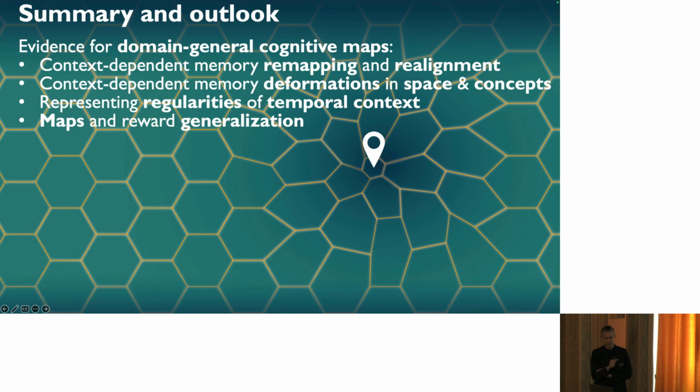I showed you an example of deformations of spatial representation; the conceptual ones I skipped in this talk. I showed you how the system encodes the regularity and structural information of the temporal context, and the last study demonstrates some evidence for the relationship between cognitive map representation and reward generalization.